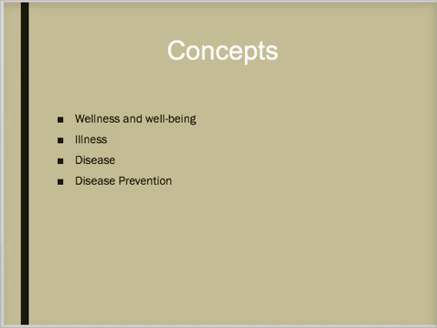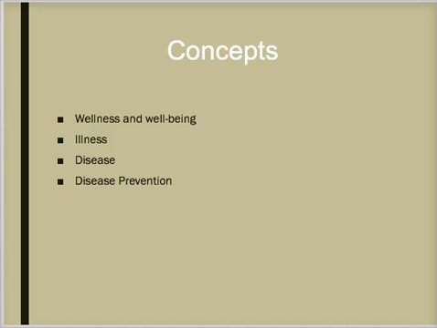More concepts: wellness and well-being. Wellness and well-being is the process of identifying needs for improvement and making choices that facilitate a higher level of health. The basic concepts of wellness and well-being include self-responsibility, ultimate goals, a dynamic growing process, daily decision-making, and the whole being of the individual. Illness is a personal state of feeling unhealthy.